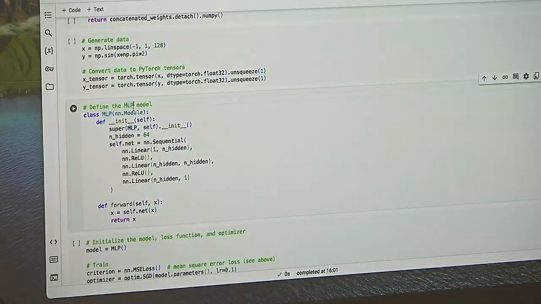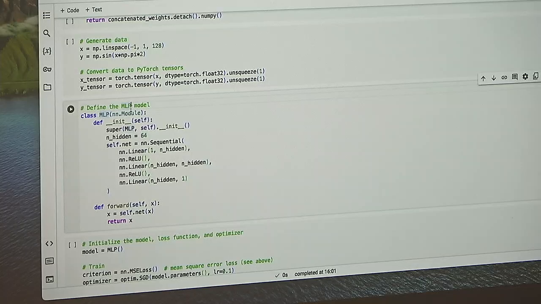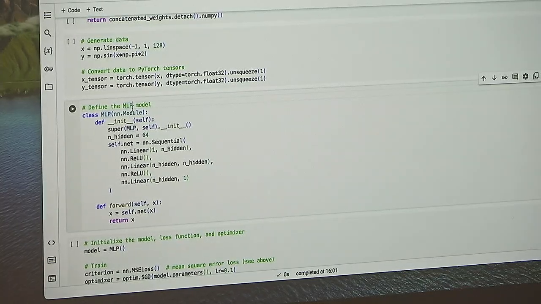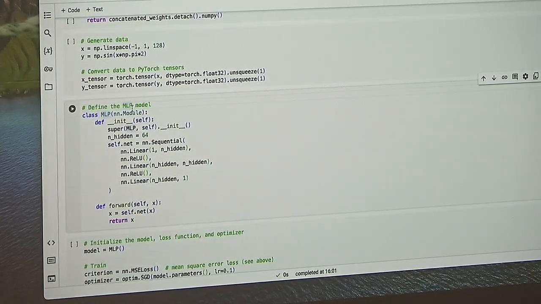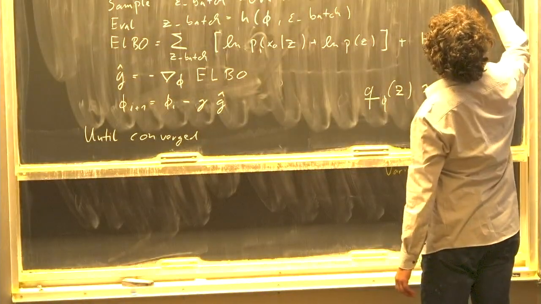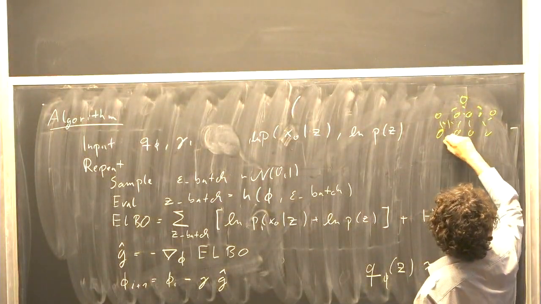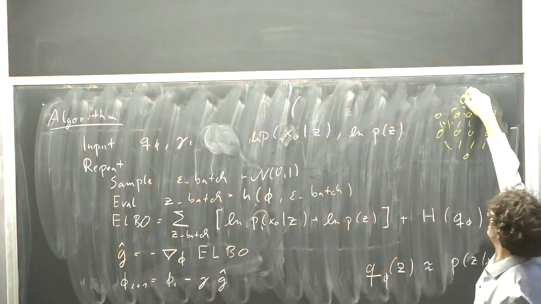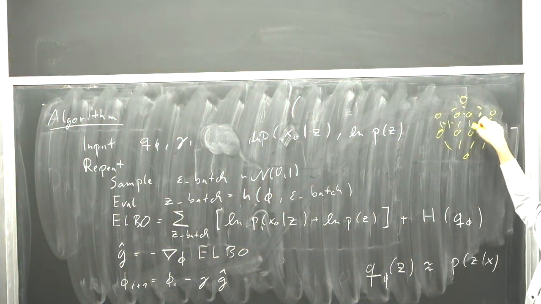So this is a neural network that would look like 1, and then 64, and then again 64. So these are 64 hidden nodes, and then it goes out again. So 1, 64, 64, 1, with ReLU activation functions in between.